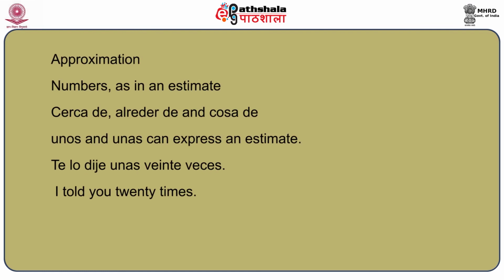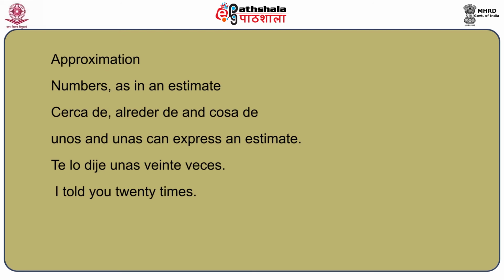Approximation. The idea of approximation in Spanish is expressed in different ways depending on the context. To talk about numbers, as in an estimate or approximately, the possible structures are cerca de, alrededor de, and cosa de.